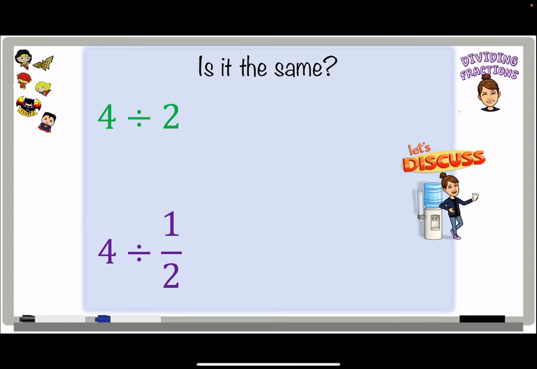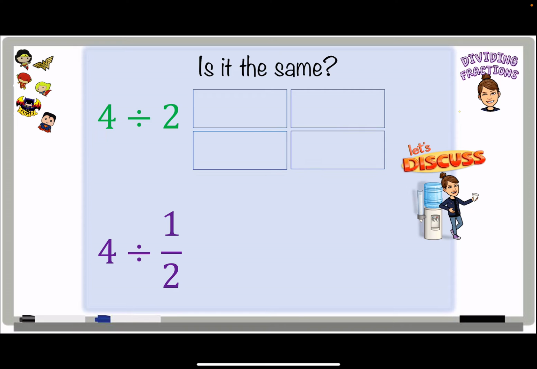Let's take a look. 4 divided by 2. Remember, the first number, 4, tells us how many pieces we have, divided by 2. So 2 tells you how many are going into each group. So I have 4, and I'm putting 2 into each group. Here's 4 pieces, and I'm putting 2 into a group.